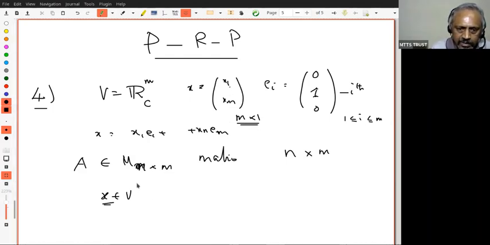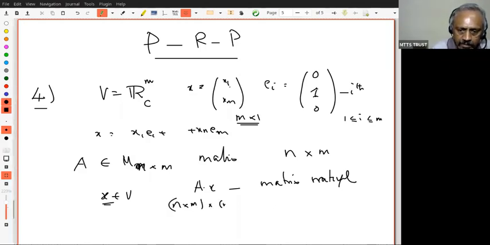Therefore, the matrix multiplication A dot x makes sense, because this is n times m and this is m times 1. Therefore, what will I get? That will yield me an n times 1 type matrix.